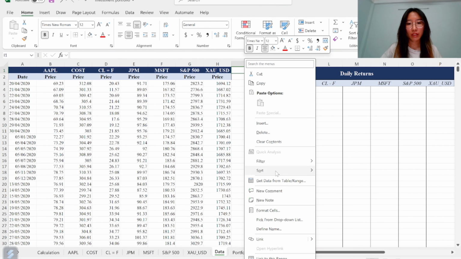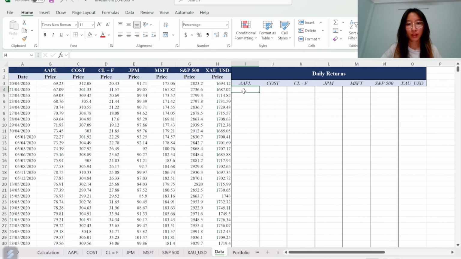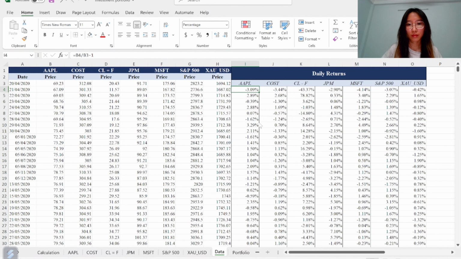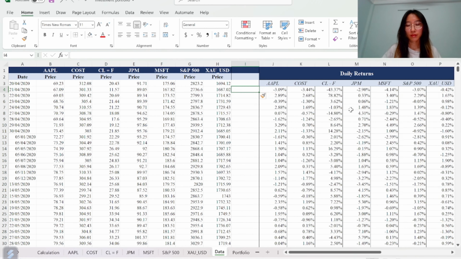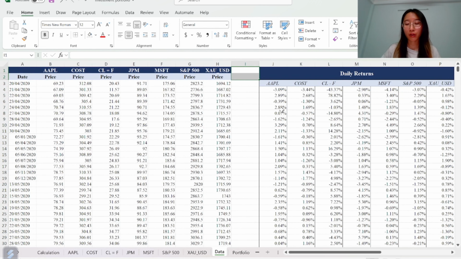Next, we will calculate our daily returns for each asset. We will take the closing price over the opening price and then minus 1. Actually, this return that we receive here is identical to the return that we just downloaded from the investing.com website, so we know that it is correct.